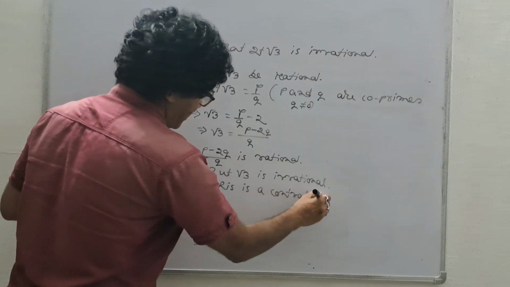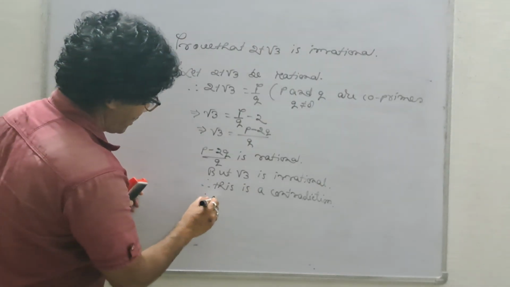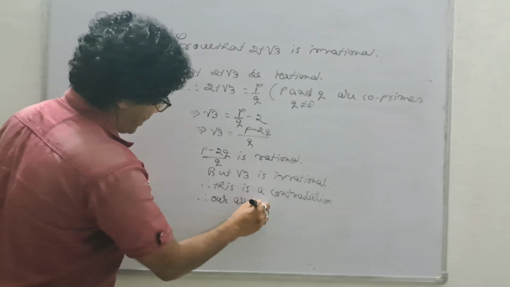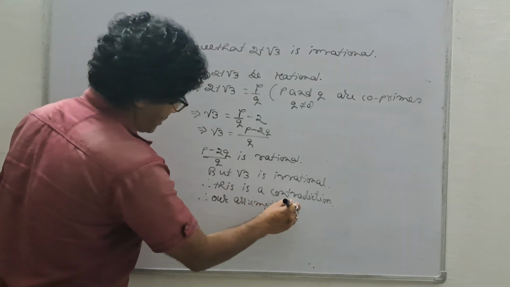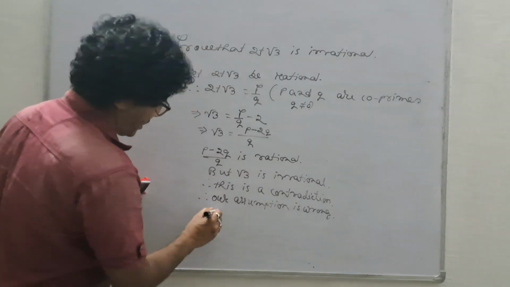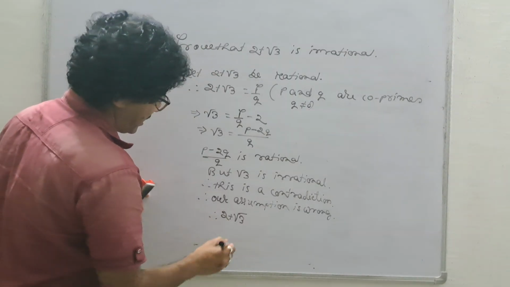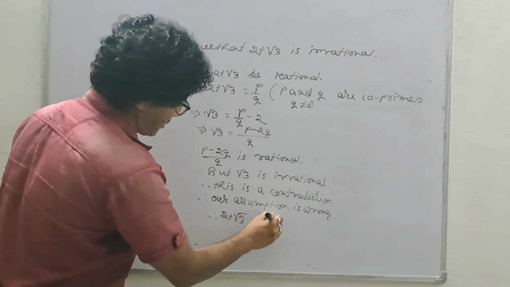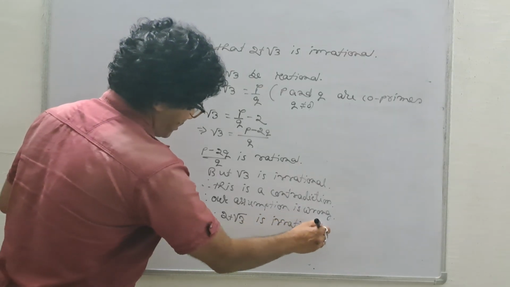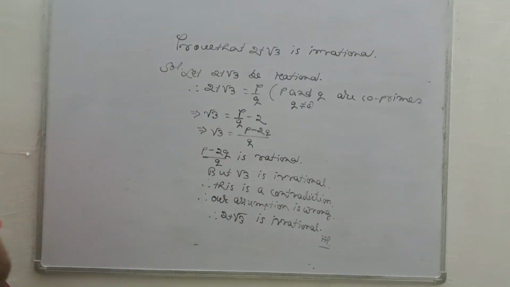Therefore, our assumption is wrong. Therefore, 2 plus root 3 cannot be a rational number, it is irrational. Hence proved.